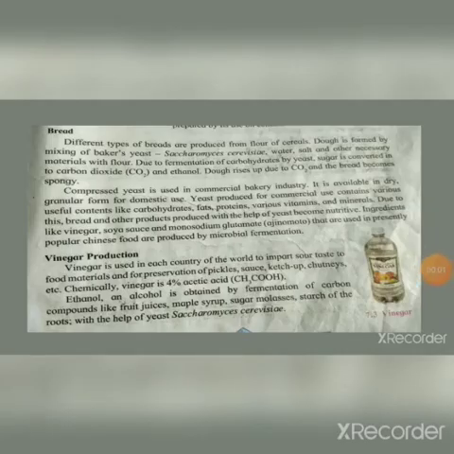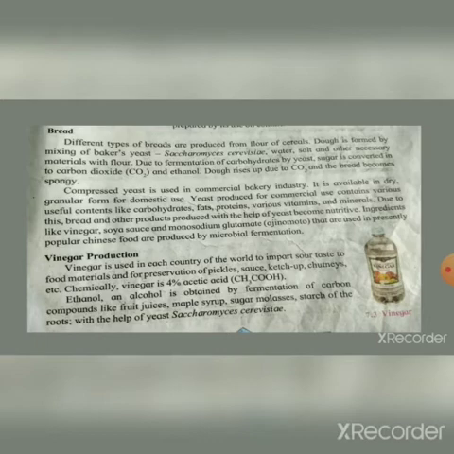Bread. Different types of breads are produced from the flour of cereals, and dough is formed by mixing baker's yeast, Saccharomyces cerevisiae, water, salt and other necessary materials with flour. Due to the fermentation of carbohydrates by yeast, sugar is converted into carbon dioxide and ethanol. Dough rises due to carbon dioxide and bread becomes spongy.